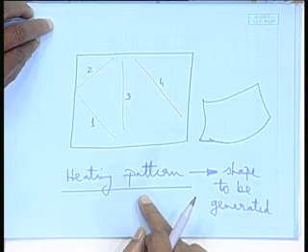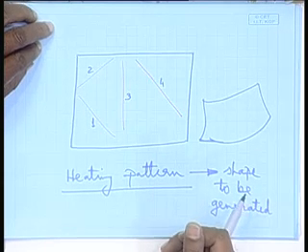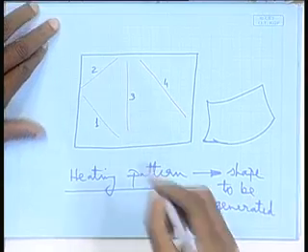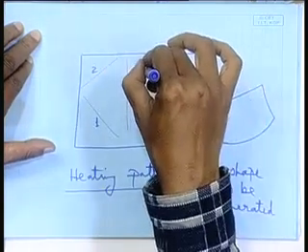So, there will be several lines, because the strain will have a very peculiar distribution, as the shape is a doubly curved shape and it can have any form, right. Once we do that, then I know the actual distribution of my heating lines, or in other words, the heating pattern. Then the job becomes absolutely easy, as I only have to move a heating torch as per the sequence given.